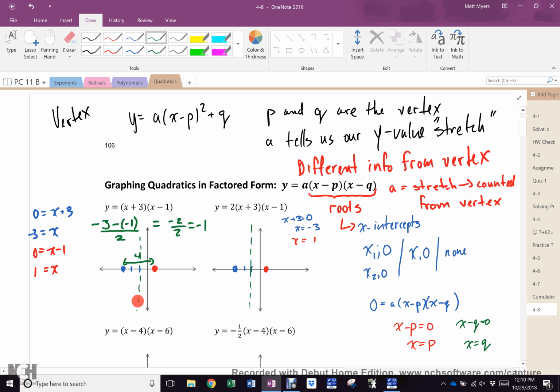So my vertex is here at negative 1 and down here at negative 4. Because when I went 2 over, I went up 4. So it's a normal parabola. Is everybody good? It's what we've already done. Does everybody understand what has happened here? You must stop me if you don't.